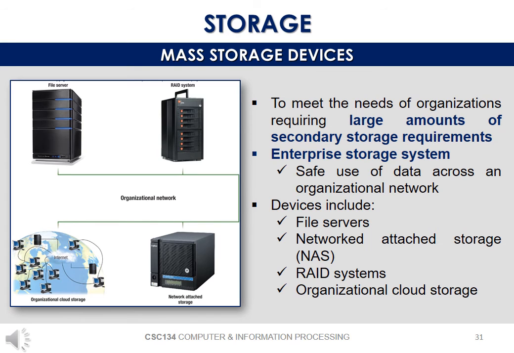Mass storage device. It is to meet the needs of organizations requiring large amounts of secondary storage. Enterprise storage system. Safe use of data across an organizational network. The devices include file servers, network-attached storage, NAS, RAID systems, and organizational cloud storage.